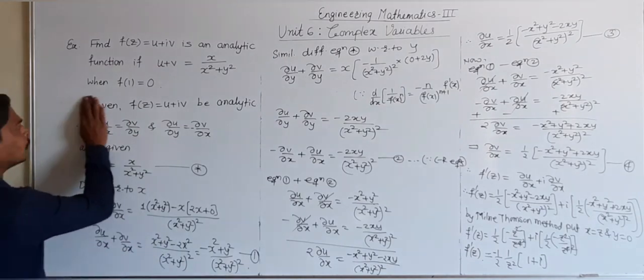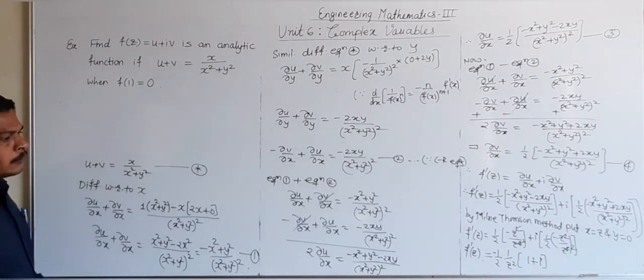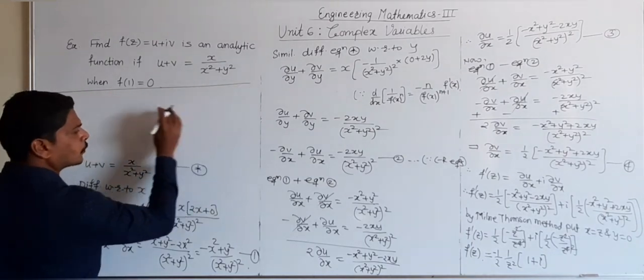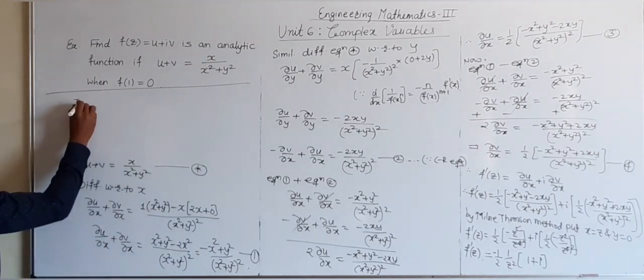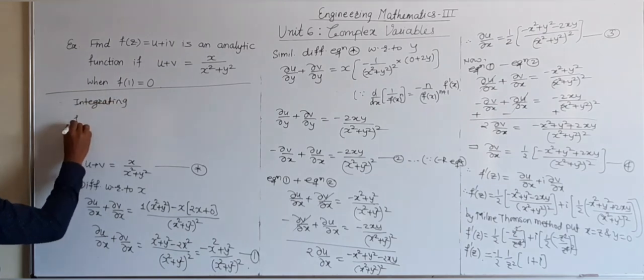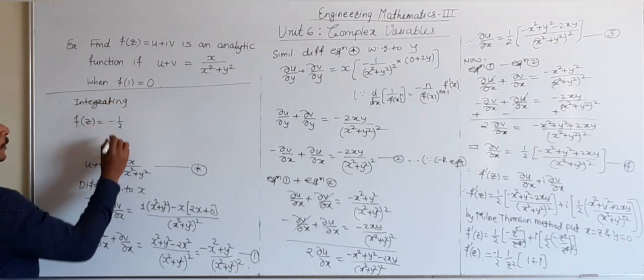Afterward, integrate this. After integrating, the remaining solution is here. So integrating we get f(z) = -1/2 as it is.